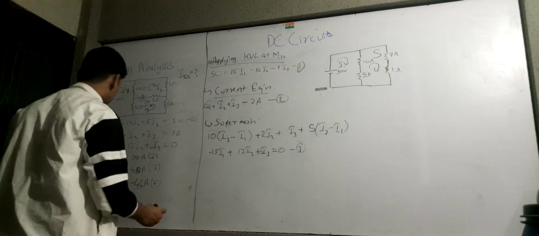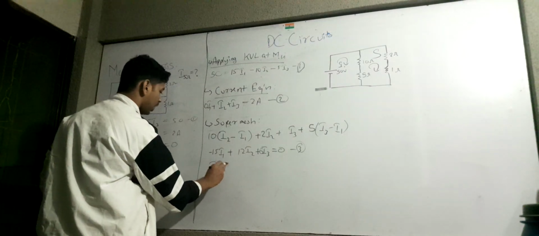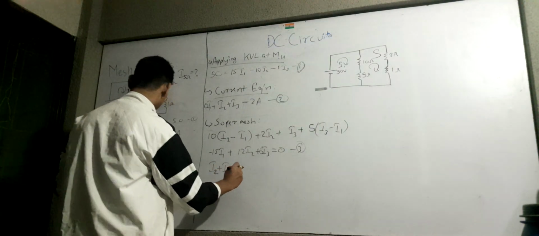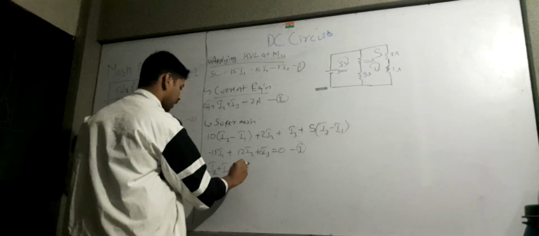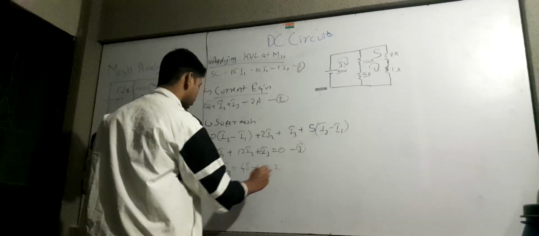So if you look at I2 plus I3, that would be equal to 48 minus 46, which is equal to 2.